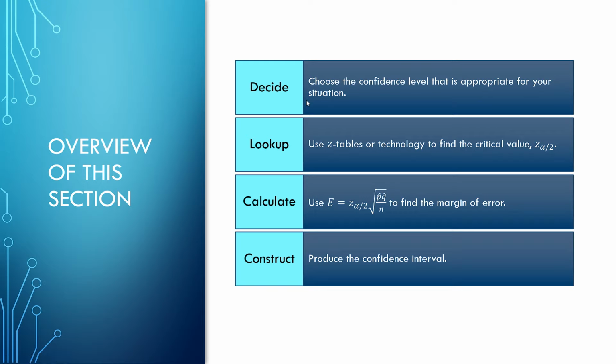After you've decided on what confidence level you want to shoot for, we will use some technology or z-tables to find what's called a critical value. So you'll look that up. Once you've got that looked up, you will use it to calculate the margin of error, and that will produce your overall interval. That's going to be the process start to finish when we're trying to discuss how to find population parameters, or at least estimate them based on a sample.